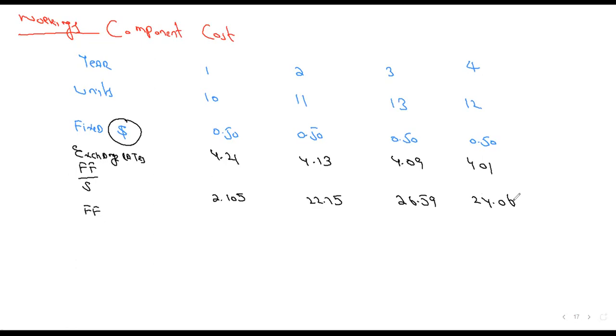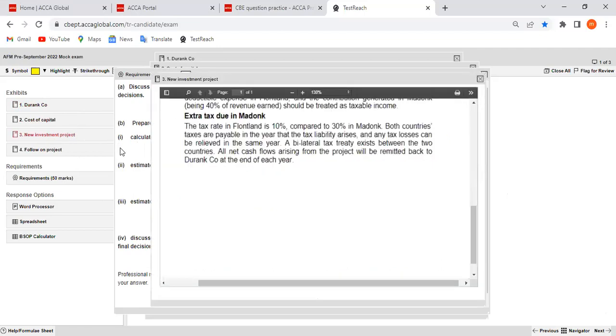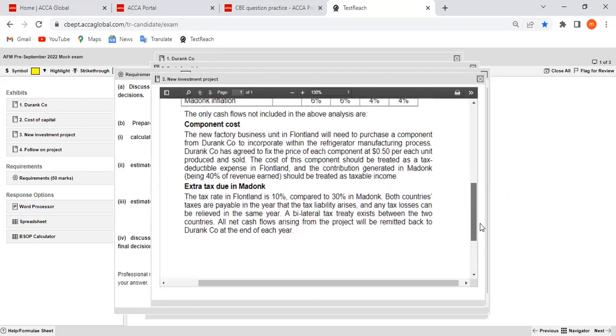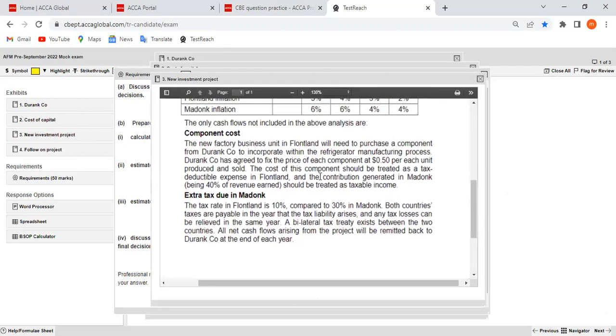Okay, this is the component cost. What was the scenario here, guys? The examiner told you that the cost of this component should be treated as tax deductible. And what is the cost?